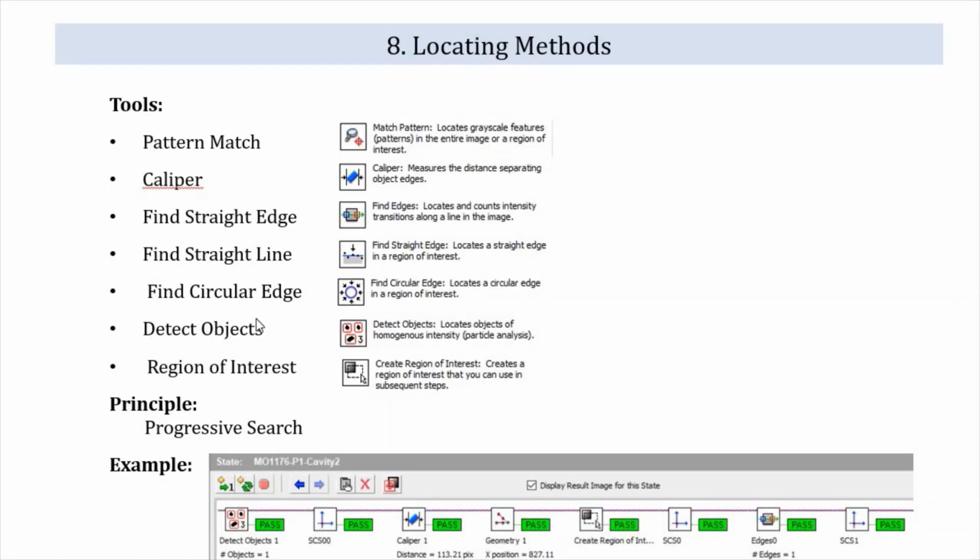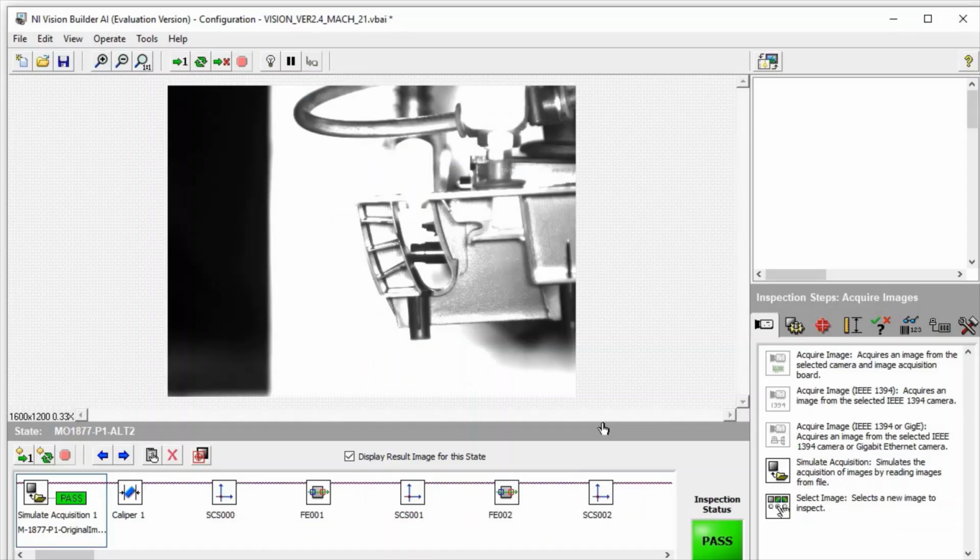The second tool we're going to introduce is the caliper tool. Caliper is normally used to measure the distance between 2 points. However, we find it is quite useful in locating the part preliminarily.